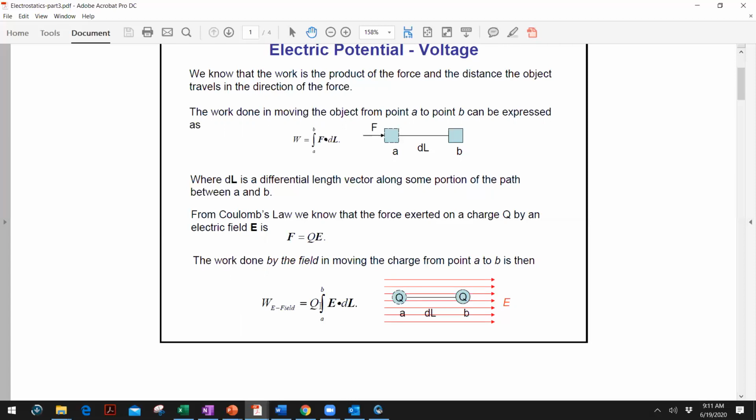So if we take a look at the work the electric field does moving a charge from point A to B, try to understand this. This is the work that the field does. This is the electric field. If you put a piece of charge immersed in an area or volume with an electric field, and there was nothing else involved, in other words, no atmosphere, no frictional force, and it moved from here to here, then the electric field itself would have done this much work.